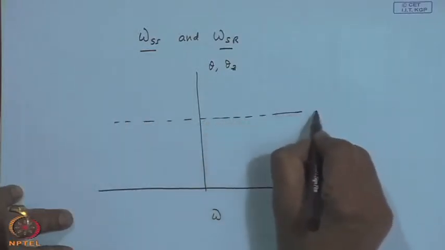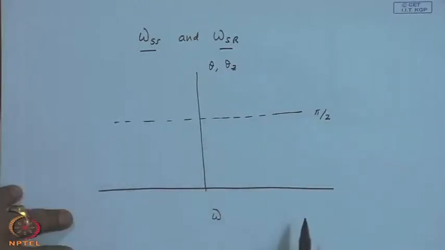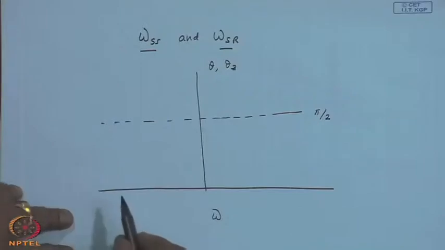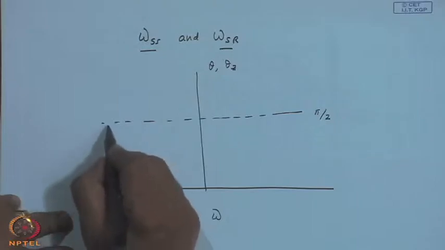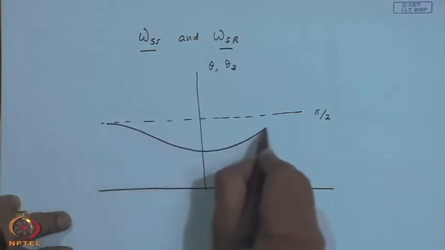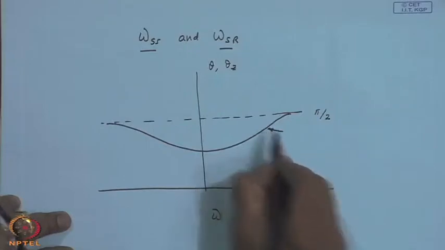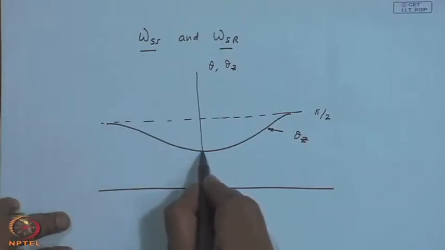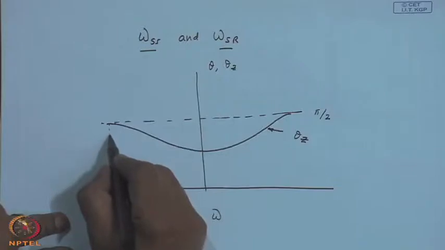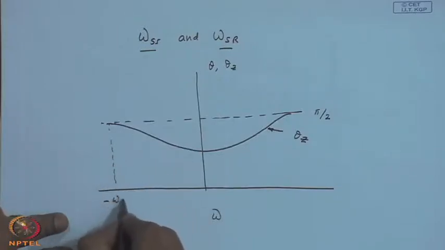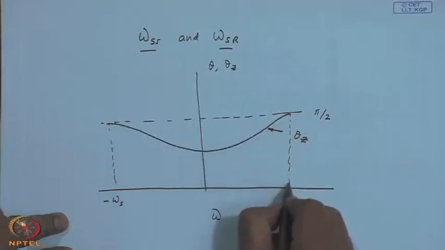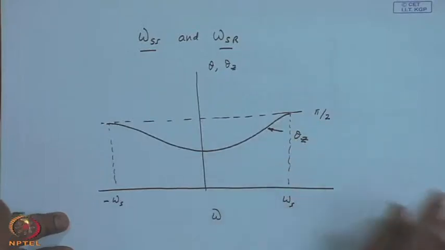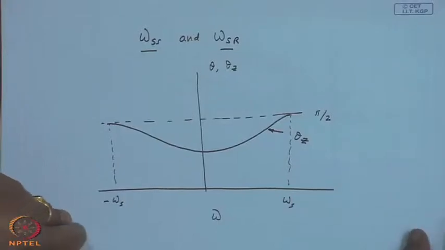This dotted line is pi by 2, that is theta will become equal to pi by 2 or theta z will become equal to pi by 2, and this will be the typical variation of theta z, that is at the solar noon it will be a minimum angle, and at the sunrise it will be pi by 2 at minus omega s, and at sunset it will be again pi by 2 at plus omega s, right. You can take the expression for cosine theta z.